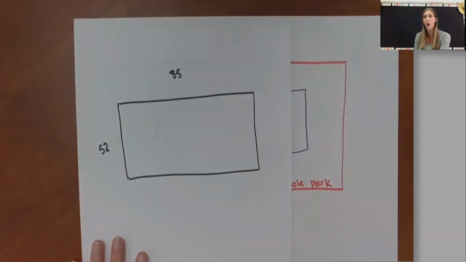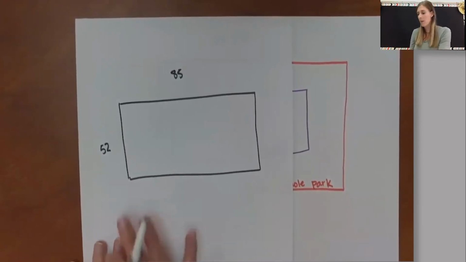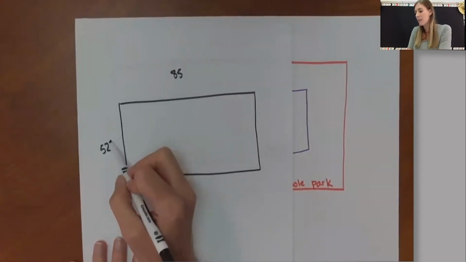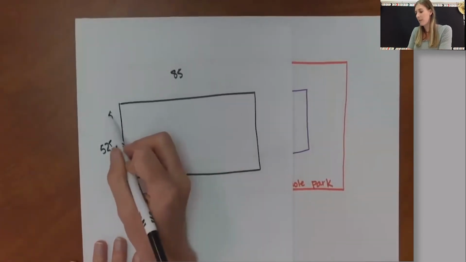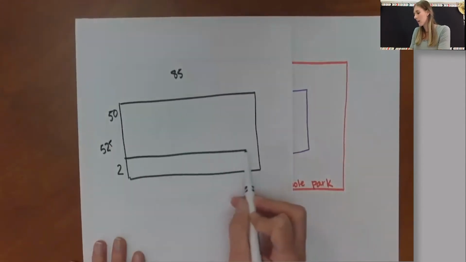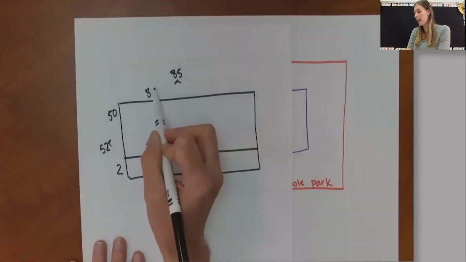So if you'll draw that on your paper. Then we need to break up the factors 52 and 85 into some friendlier numbers. 52 in expanded form is 50 and 2. 85 in expanded form is 80 and 5.